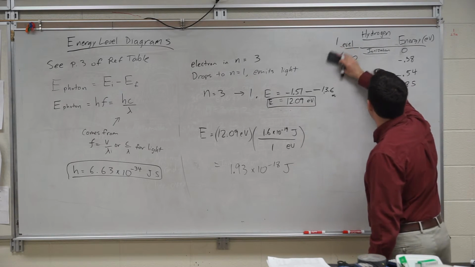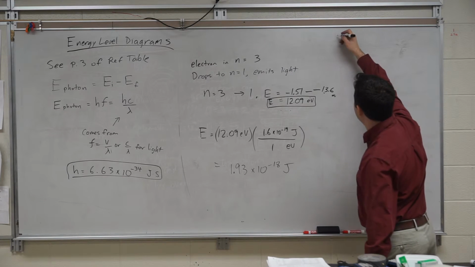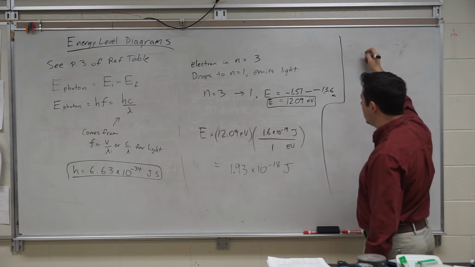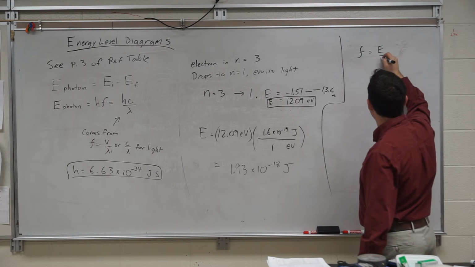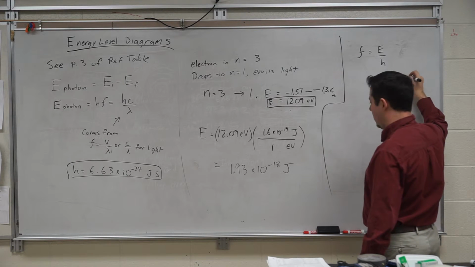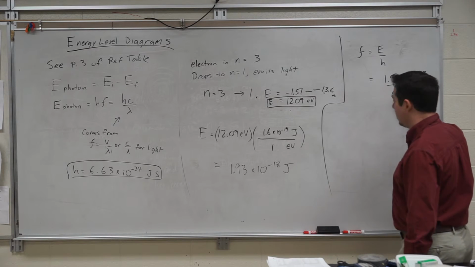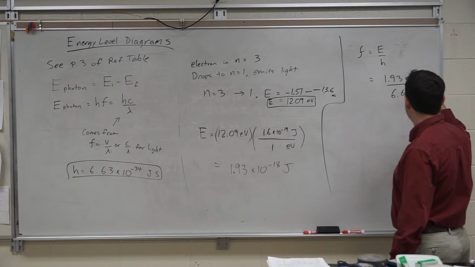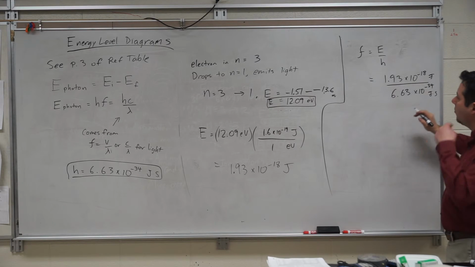We know the energy, so frequency is just E over h, which in this case would be 1.93 times 10 to the negative 18th over our Planck's constant, 6.63 times 10 to the negative 34th. That's joules times seconds. So our frequency is going to end up in units of 1 over seconds. That's good.